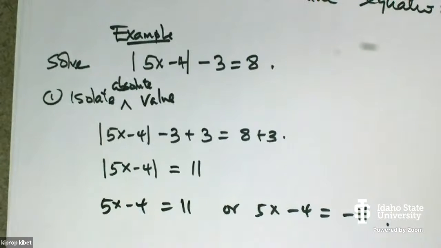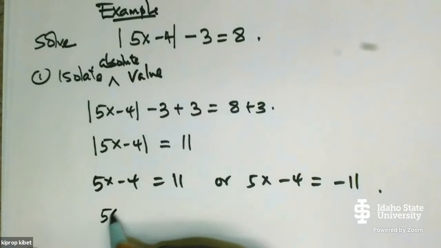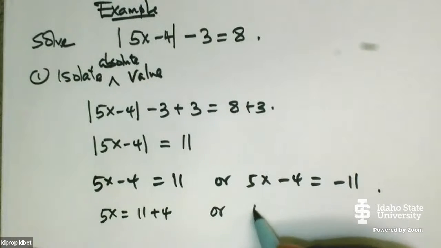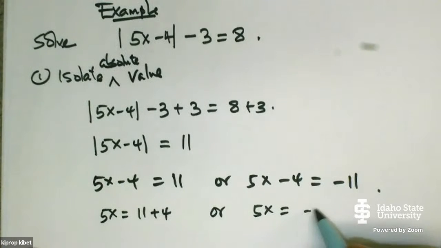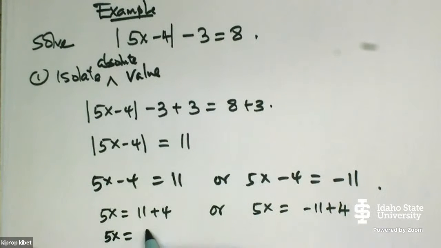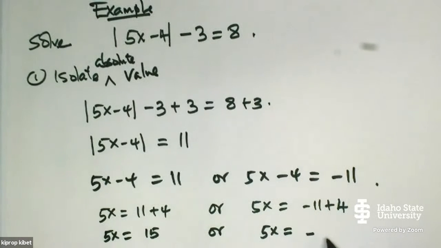So what are the values of x? Now, 5x equals 11 plus 4, or 5x equals minus 11 plus 4. So 5x equals what? 15, or 5x equals negative 7, right?